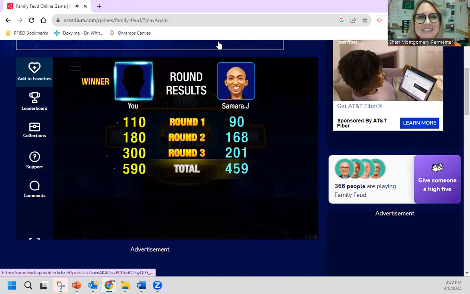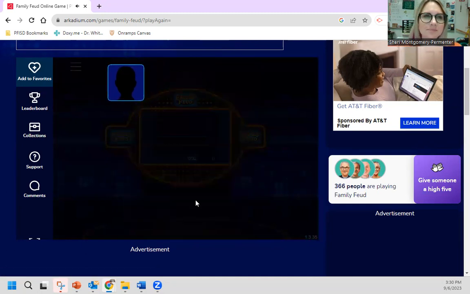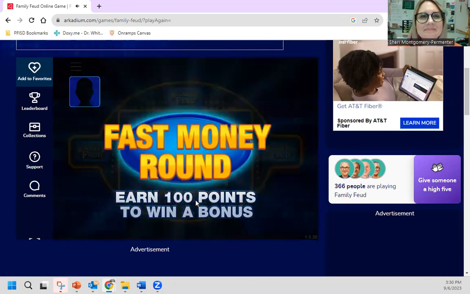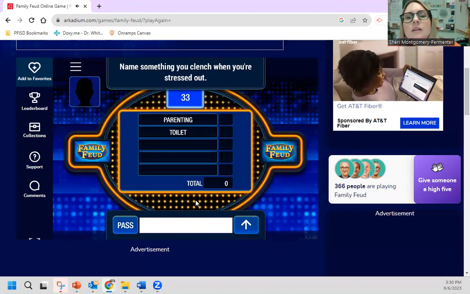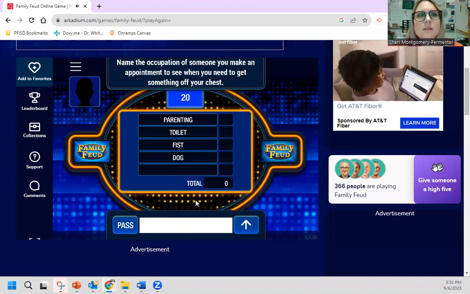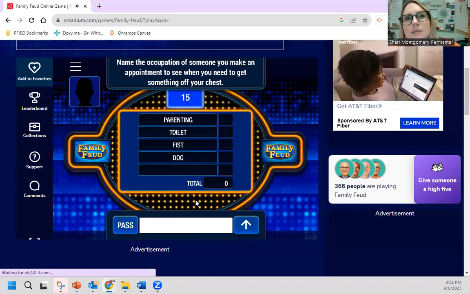That's Money, fast money round. They look like snot, so I'm not having it. Name something adults take lessons in. Name a place dogs are known to drink from. Name something you clench when you're stressed out. Yes. Name an animal that's easy to intimidate in charades. Name the occupation of someone you make an appointment to see when you need to get something off your chest.